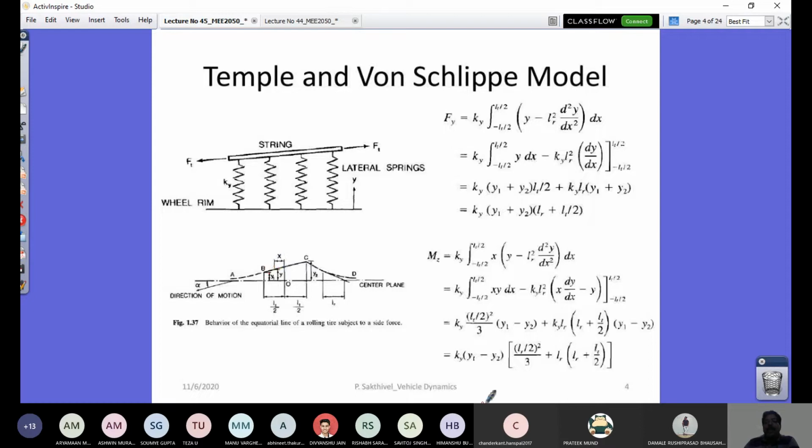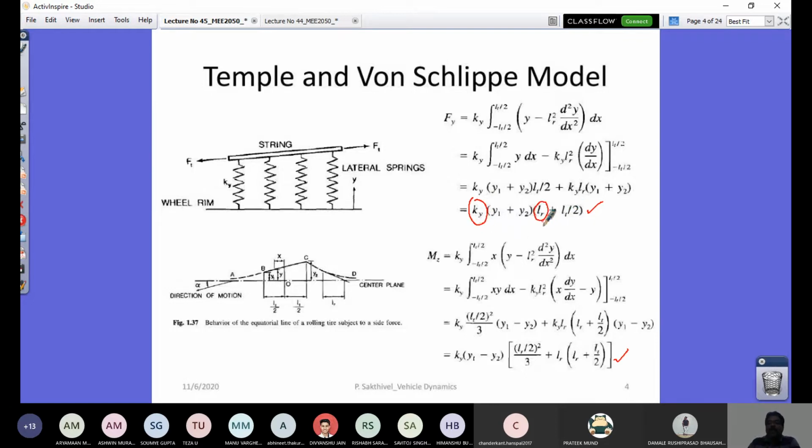So finally we were able to have our Fy expression and Mz expression, wherein you see they are depending on two important parameters. One is Ky, stiffness of the sidewall, another one is Lr, relaxation length.